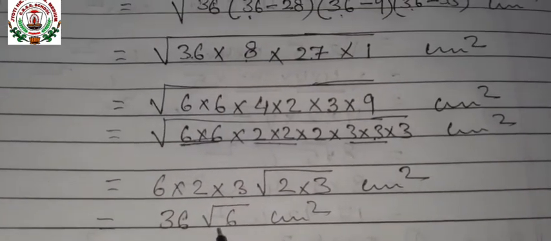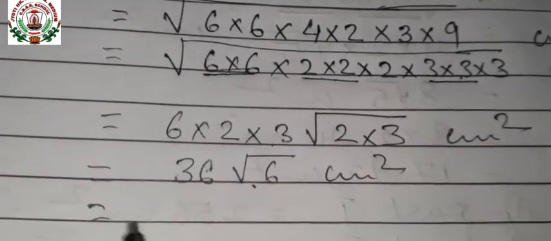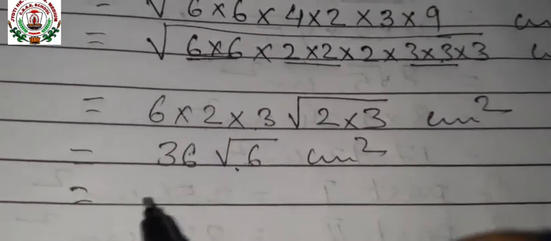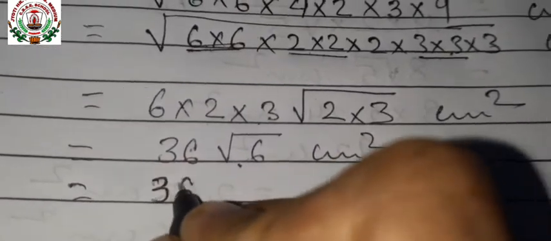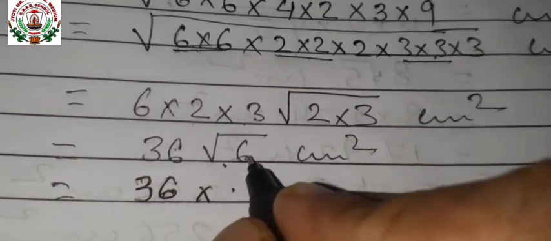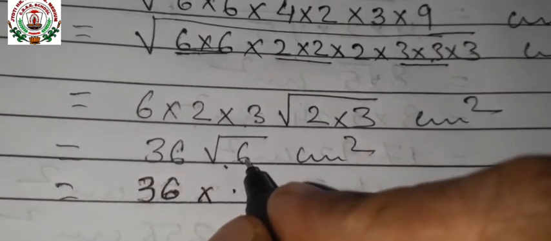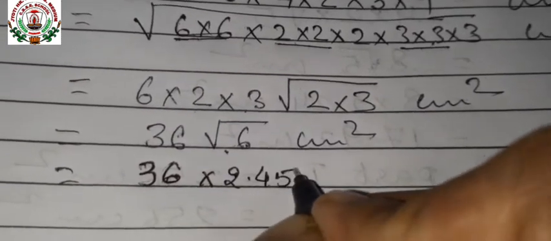Now root 6 value, how much is it? We'll put the value of root 6 in 36 into root 6. We know that by long division method we can find the value of root 6 in fractions, that is 2.45.